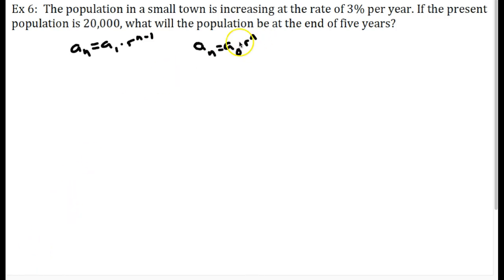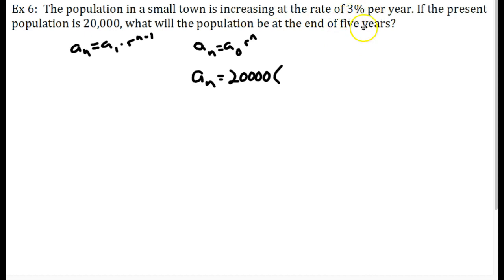So my a sub 0 is going to be 20,000. So I'm going to say a sub n is 20,000 times, now r, the rate at which the population is growing, we don't want to think about just the 3%.